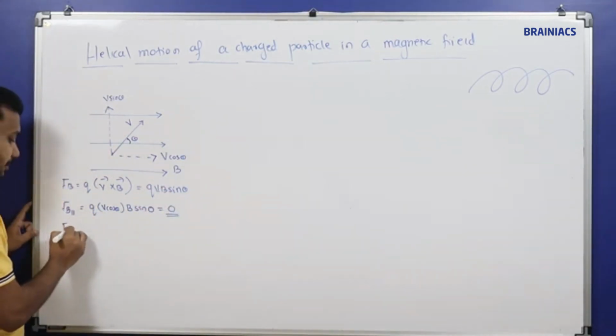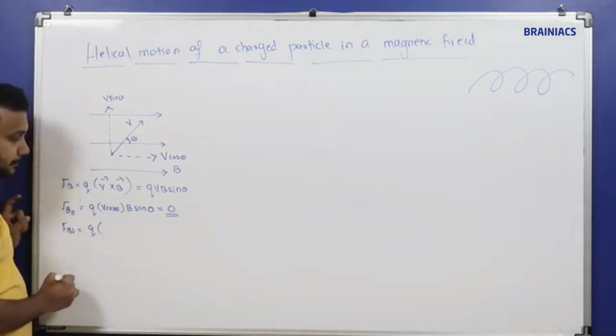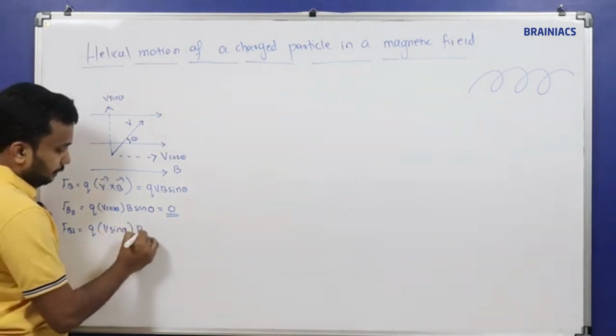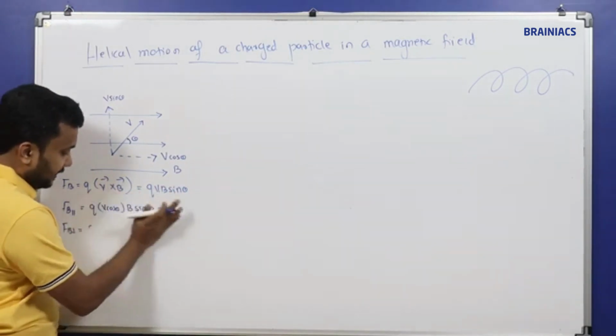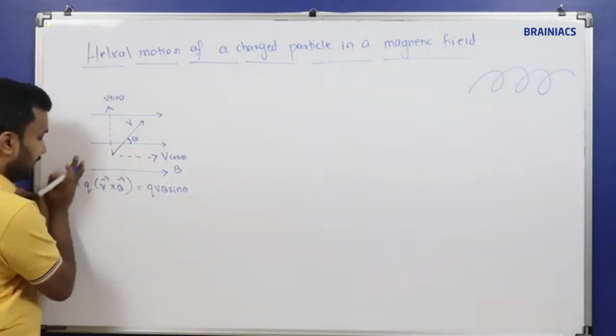Next, the perpendicular component: q into v sin theta into B. Or I can say it in short, theoretically, instead of going to the formula. Listen to the diagram.